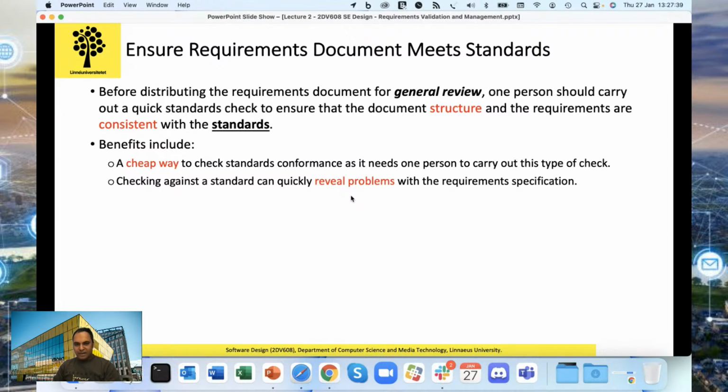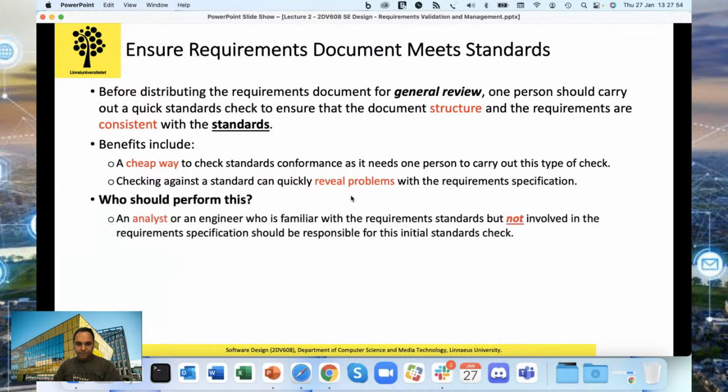So following a standard, or a document standard, or it can be a quality standard, helps you to find further problems in your requirements, or if there is something missing in your requirements specification.